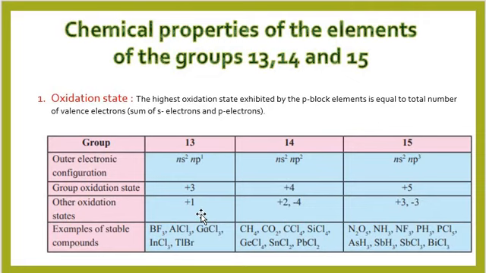In these elements, the 2s electrons are involved less readily in chemical reactions. This is because the s electrons of the valence shell in p block elements experience poorer shielding than the valence p electrons. This is why the other oxidation states are seen in case of group 13, 14 and 15.